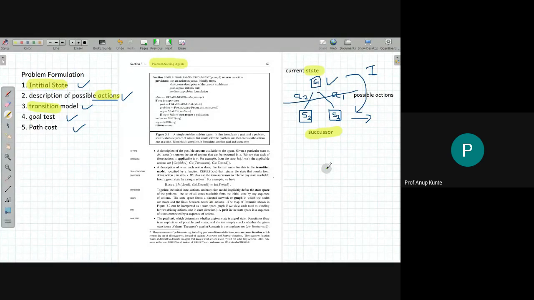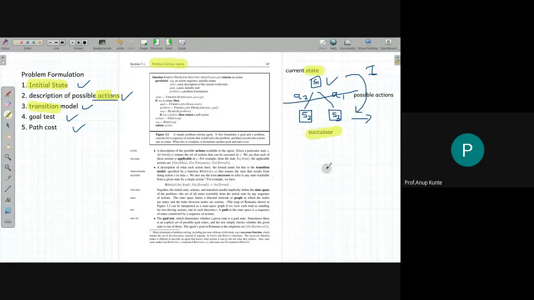It may be the case that one of those may be a goal node. That is, it may actually be a state which is representing the goal state. And the whole idea of applying this algorithm was to reach the goal state given the initial state. So you know the initial state, and using multiple action sequences, or at least one action sequence, you wanted to reach the goal state.